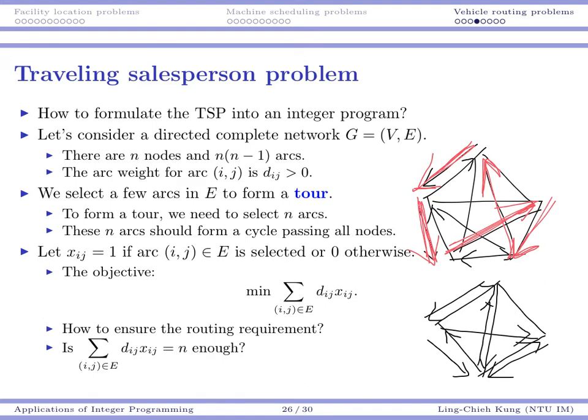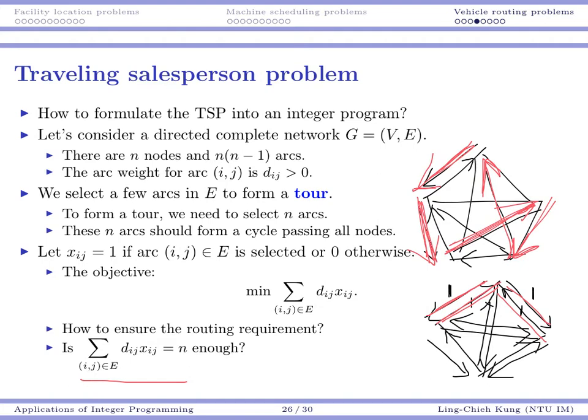Suppose we have a directed network, very messy, but anyway, there are 4 nodes and 12 arcs. Suppose arc weights are 1 for these 4 arcs and 1000 or 1 million for the others. Then with this constraint, you will just select these 4 arcs.